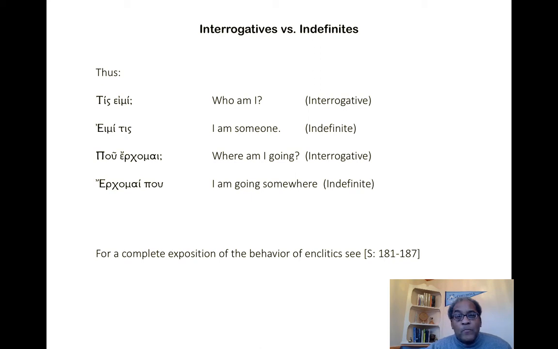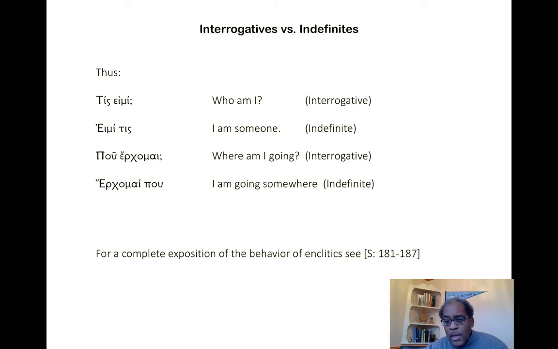So it's kind of subtle, and you have to have your eyes out for both the accentuation and the placement in the clause in order to be able to tell these interrogative words from these enclitic words. But when I was beginning, I used to just tell myself: enclitic, indefinite, enclitic, indefinite, so that when you come across an enclitic form of one of these words, you know you're dealing with the indefinite.